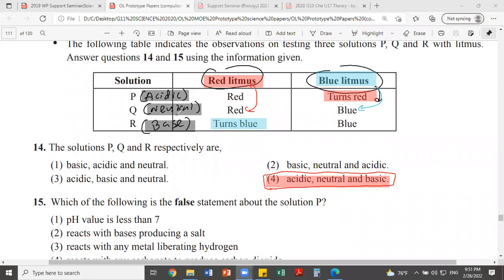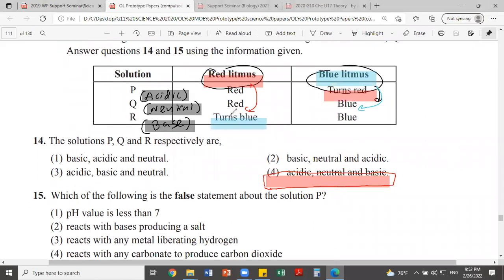Now they are asking about the false statement, question number 15. Look at the screen.